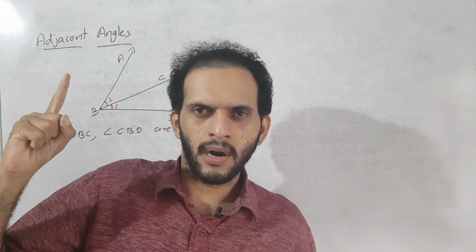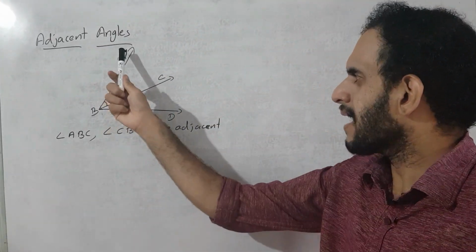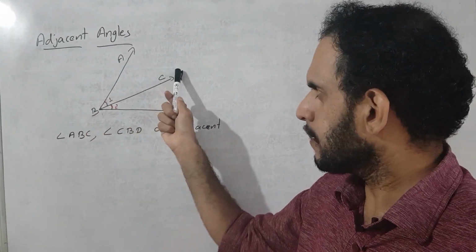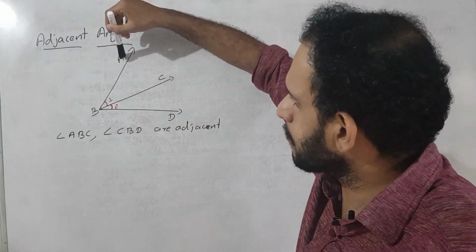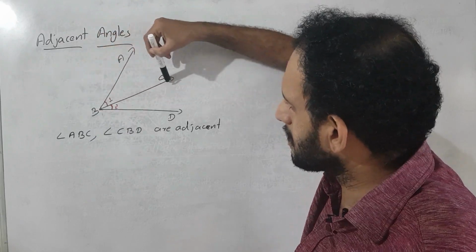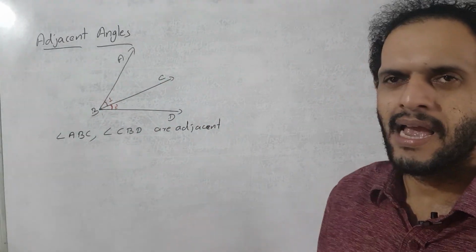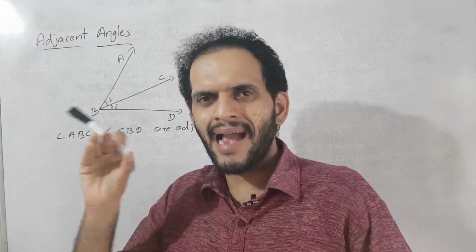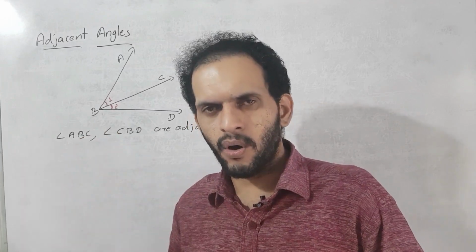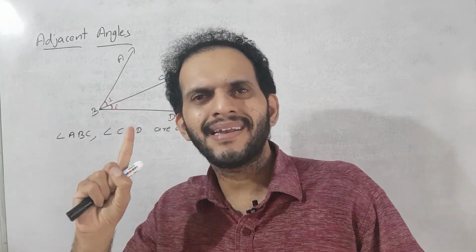The first one: the angles have a common vertex. Here we think of angle ABC and CBD. What is the name of the first angle? ABC. The second is CBD. Then they meet at one vertex. They meet at one vertex means the angles originate from one vertex, or, in saying the names of both angles, one vertex is repeating.